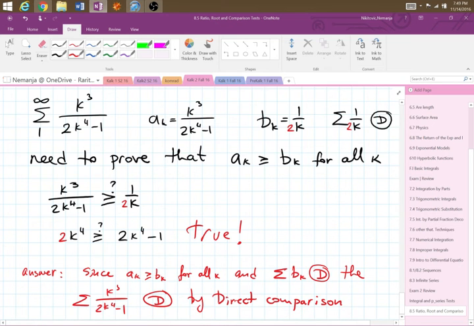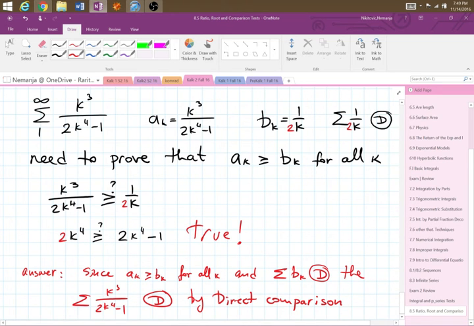That's the answer. And there's the entire problem. You looked at the problem, you decided that 1 over k would be a good value. You know the harmonic series diverges. You are expecting divergence, and because you are expecting divergence, you are trying to prove that AK is always larger than BK.